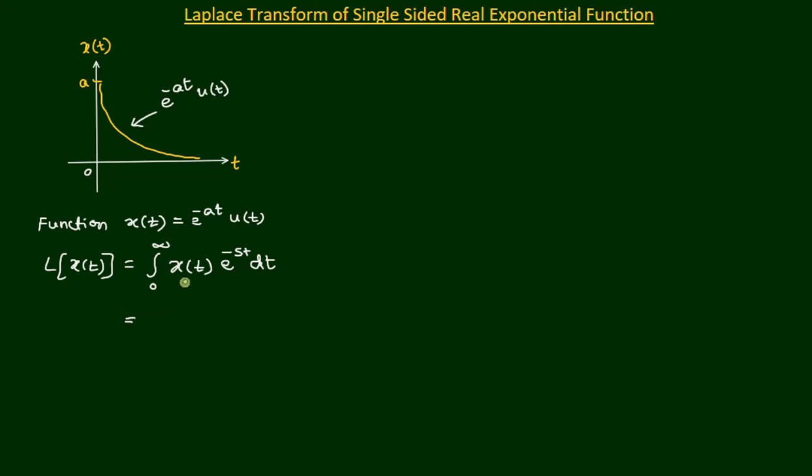Now we substitute the x(t) signal in this integral: 0 to infinity, x(t) is e^(-at) u(t), times e^(-st) dt.